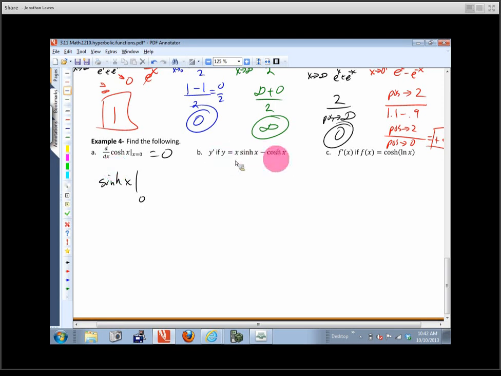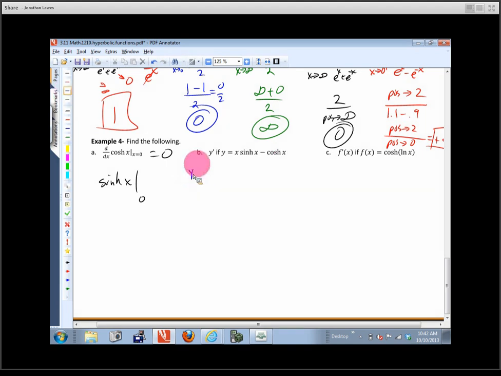Let's take a look at this one right here. So we want to find y prime if y is x times the sinh of x minus the cosh of x. Nasty? Maybe. What rule applies here? Product rule. Got to use the product rule here.